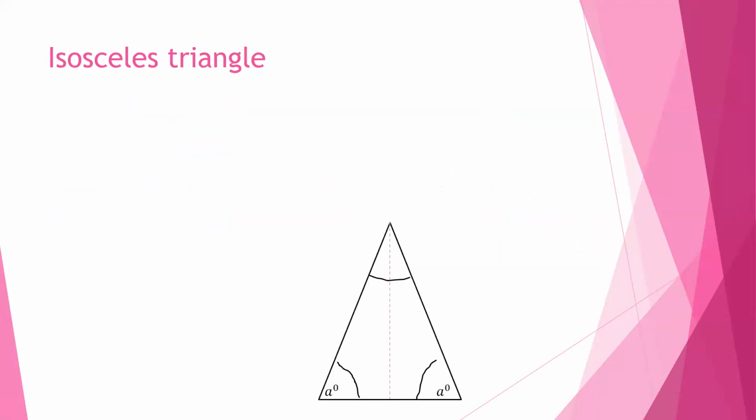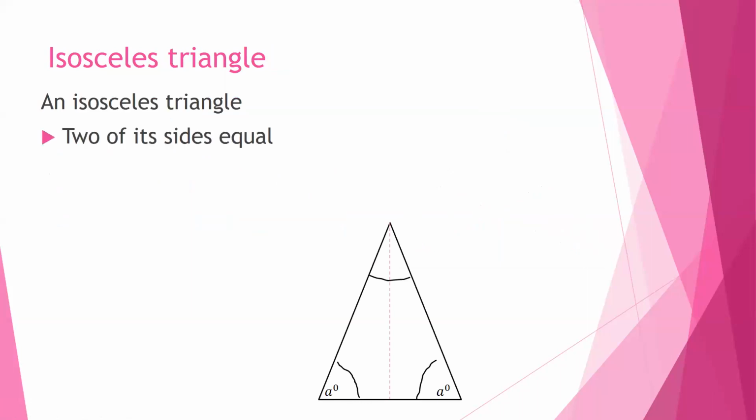And then we will look at the isosceles triangle. For the isosceles triangle, we are saying that it has 2 of its sides equal. So one side here, one side here. For this particular triangle, we have this side and this side equal.